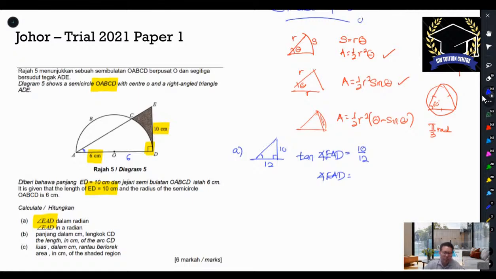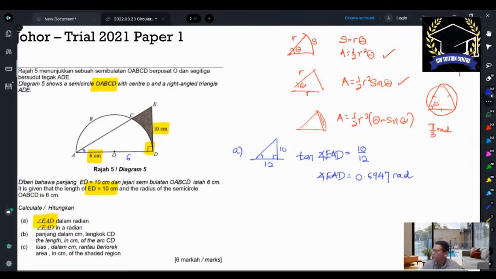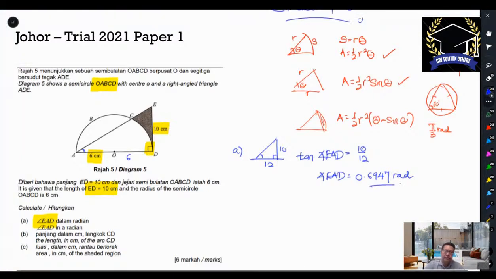That will be 0.6947 radian. So that's the answer.